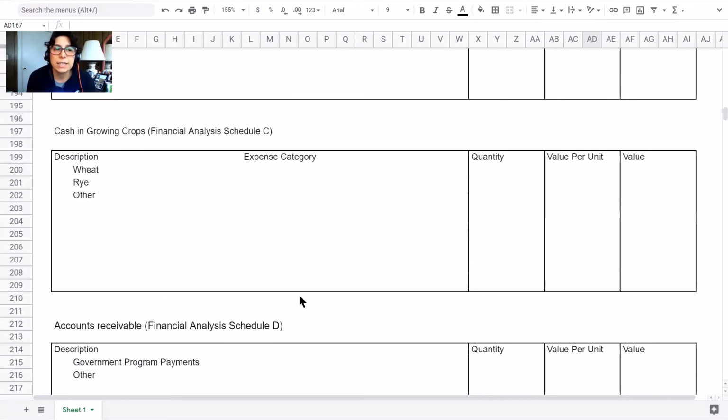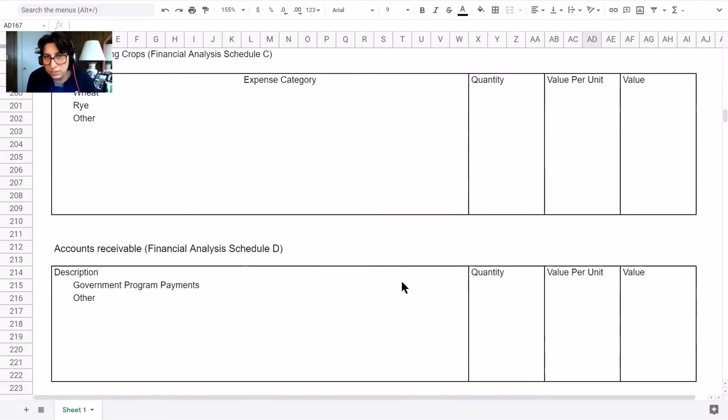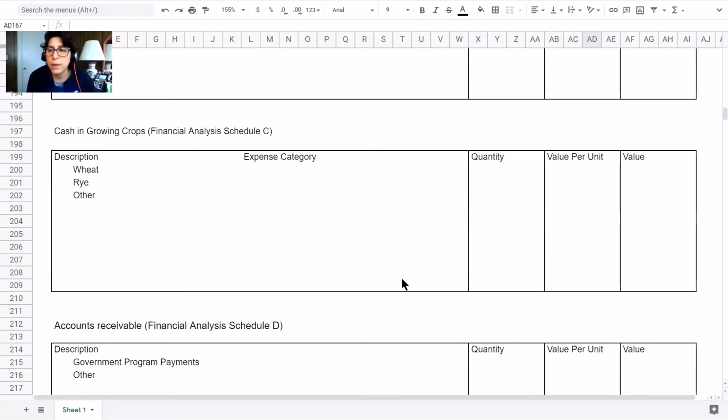The third table is cash in growing crops. Growing crops include seed, fertilizer, fuel, and other expenses already invested in crops. They should be listed at the actual cash costs invested to date. At the bottom of this page, which I'm not going to scroll down all the way because it's long, there are hints for making estimations.